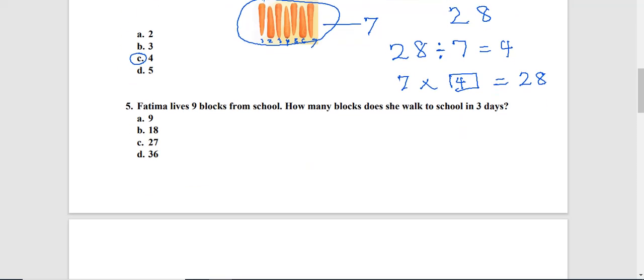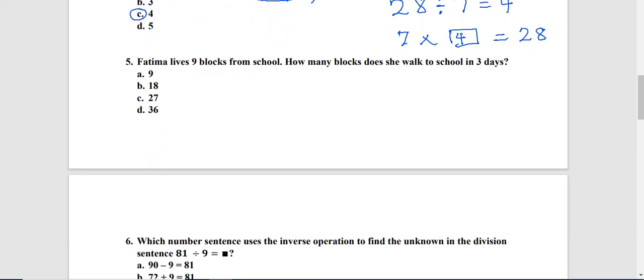Question number 5. Fatima lives 9 blocks from school. How many blocks does she walk to school in 3 days?